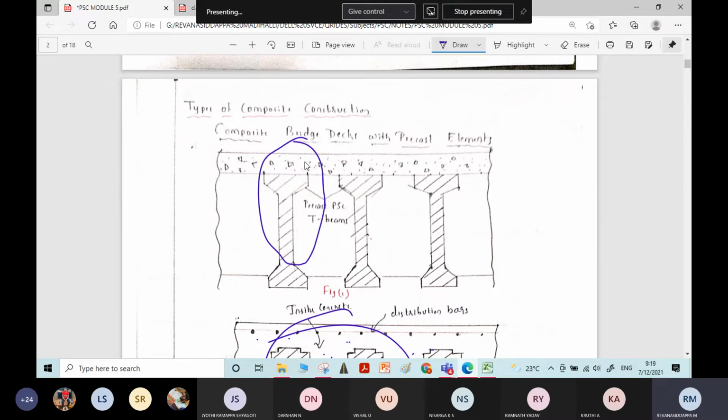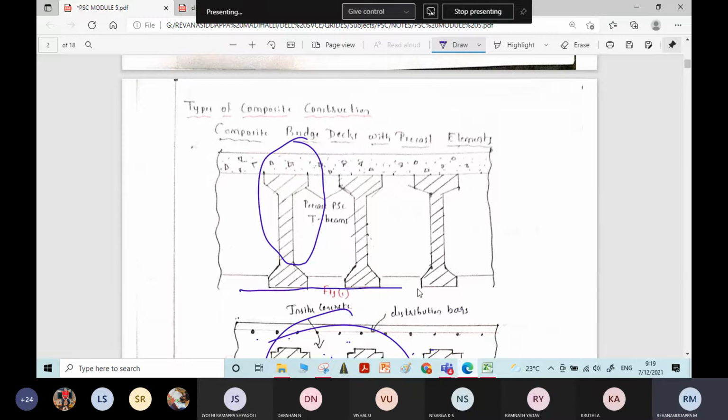Construction loads means the load of the formwork, the weight of the labourers and the equipment, all those things. These precast elements are designed to carry the construction weights as well as the cast in situ slab.